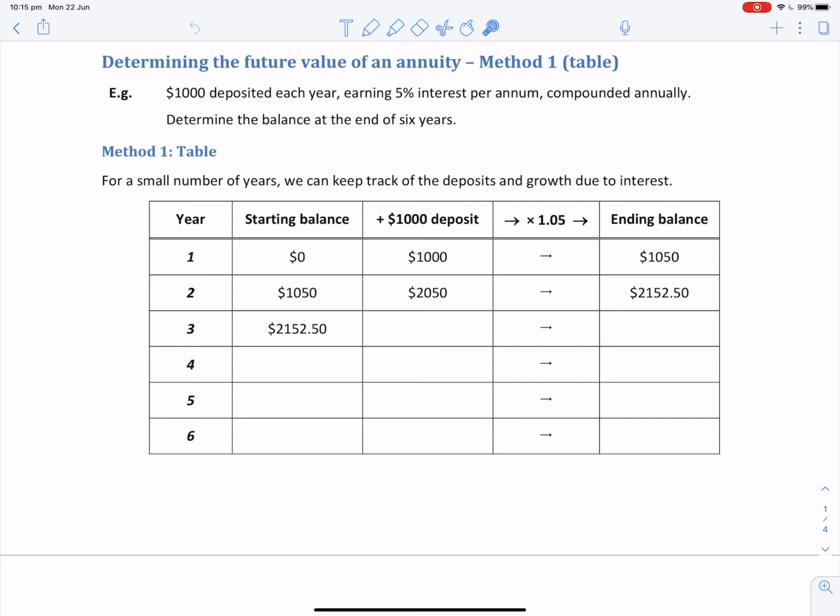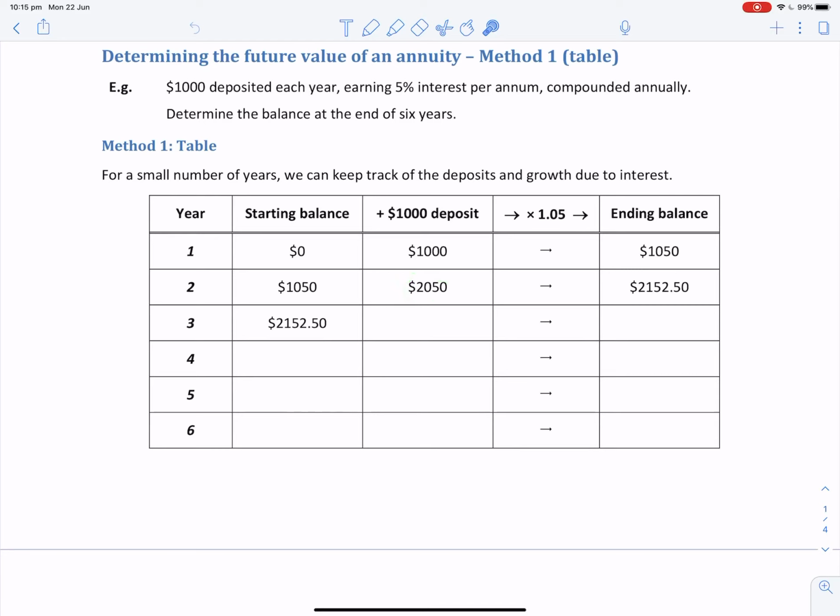So at the start of the second year we have $1,050. We add the $1,000, we get $2,050. Multiply by 1.05 and we've got this ending balance.